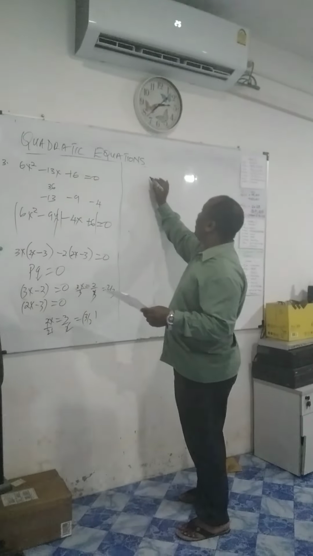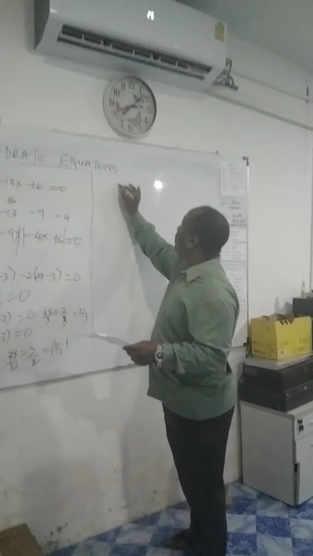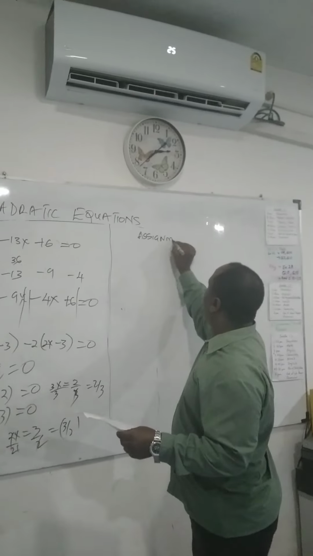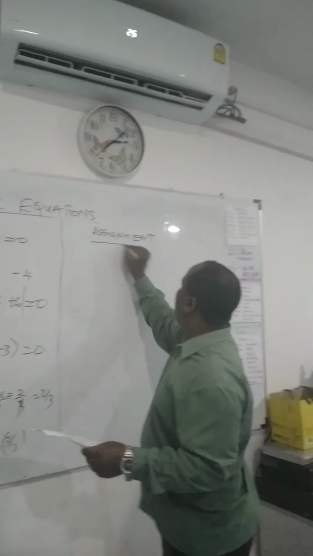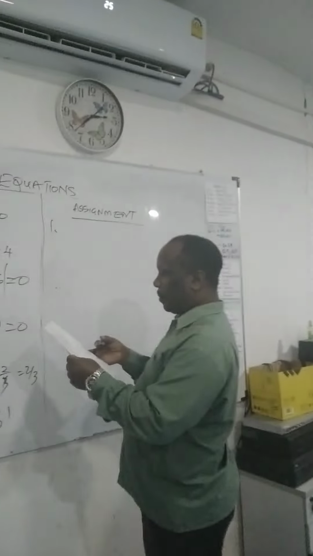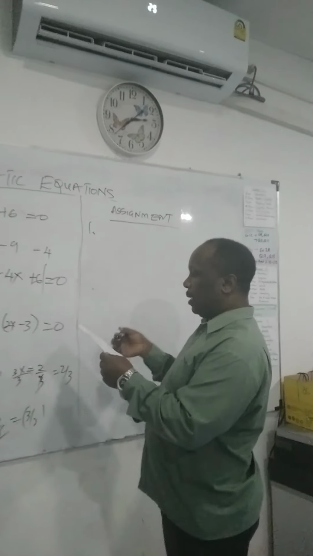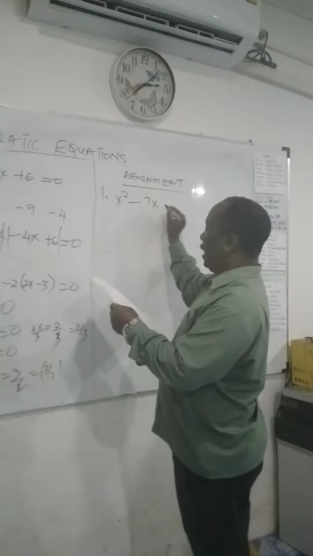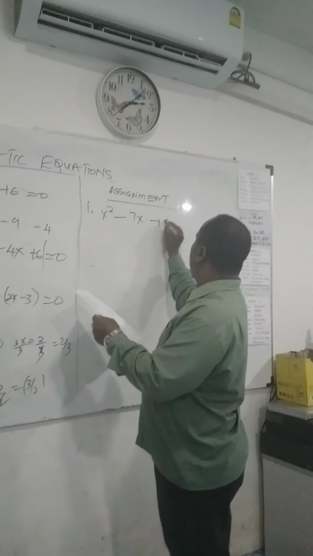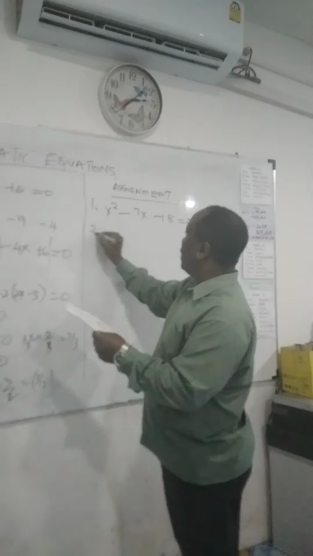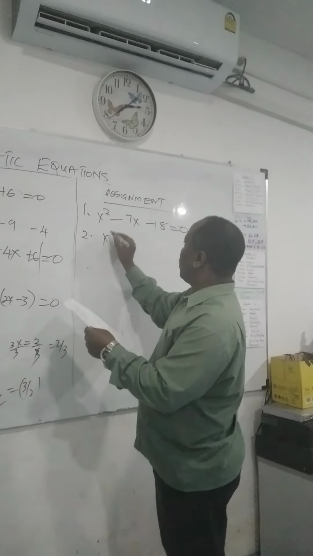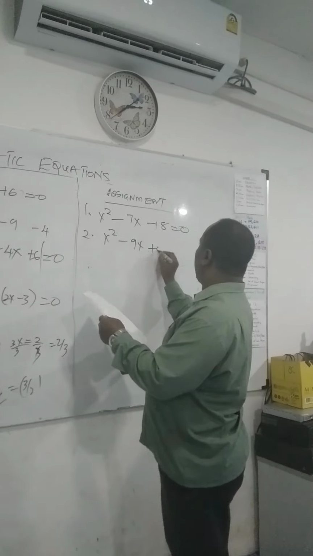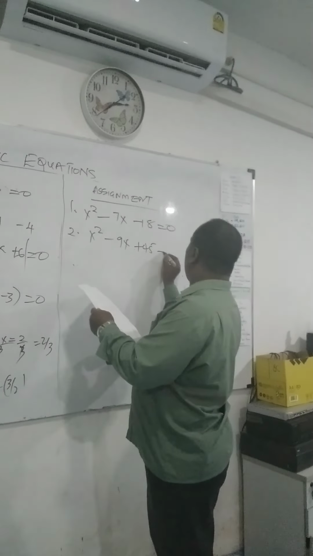So the assignment: 1, we have x squared minus 7x minus 18 equals 0. And the second question is x squared minus 9x plus 45 equals 0.